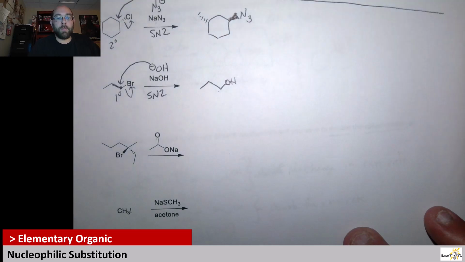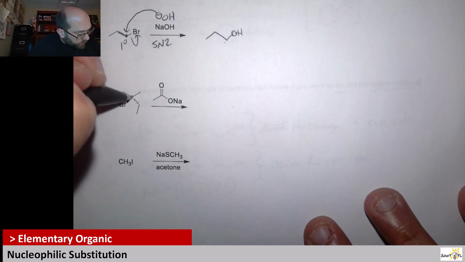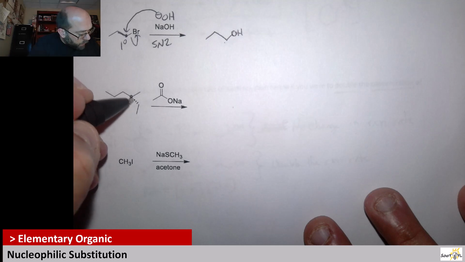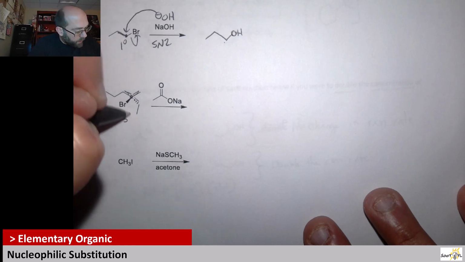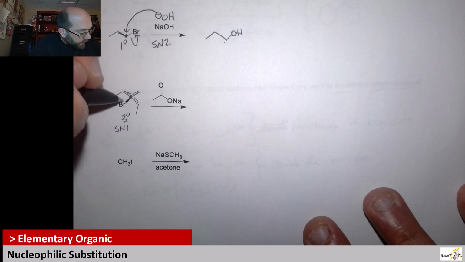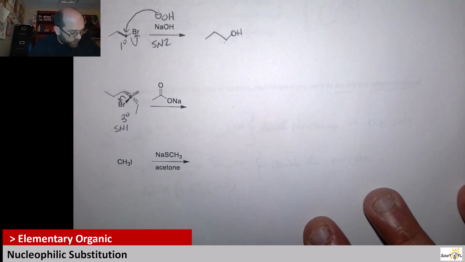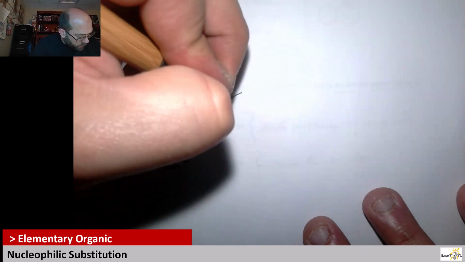All right, next, what do we got here? We have a tertiary. All right, yeah, so that's your bromine. So there's the carbon it's connected to. You got 1, 2, 3 connections. So you have a tertiary. So what's going to happen here is this will follow the SN1 mechanism, and you're going to kick the bromine off first to make your happy little carbocation.